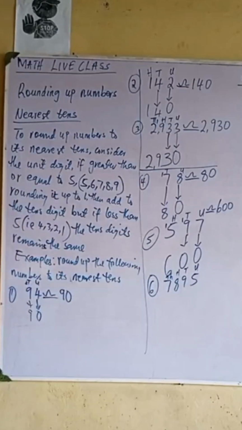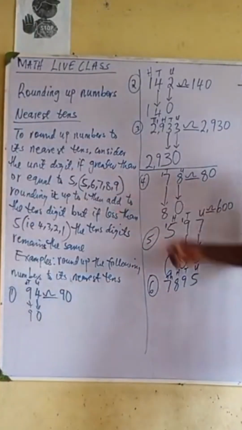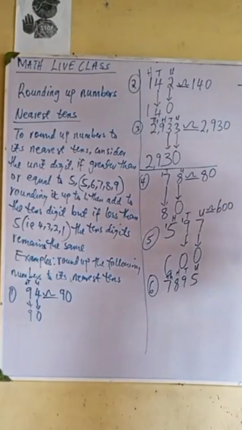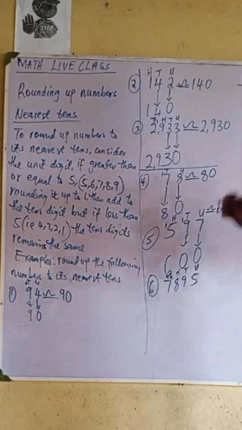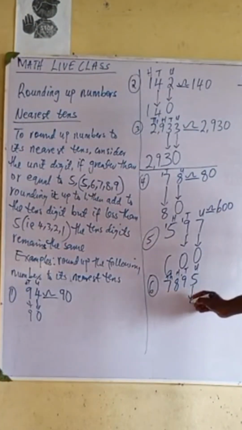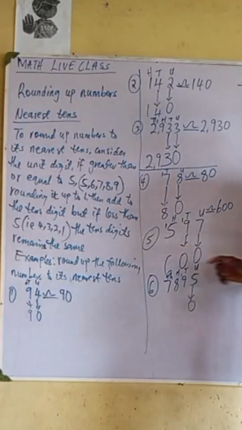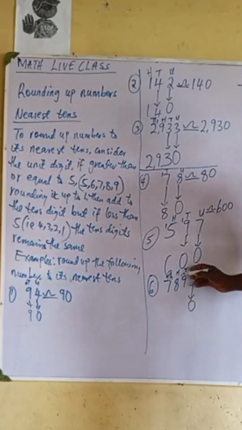So at this point, our unit digit there is 5. So what are we supposed to do? Since it is equal to 5, and you have stated here that you're supposed to round it up to 1, you are going to round it up to 1 and add it here, while you quickly replace the unit digit with 0.